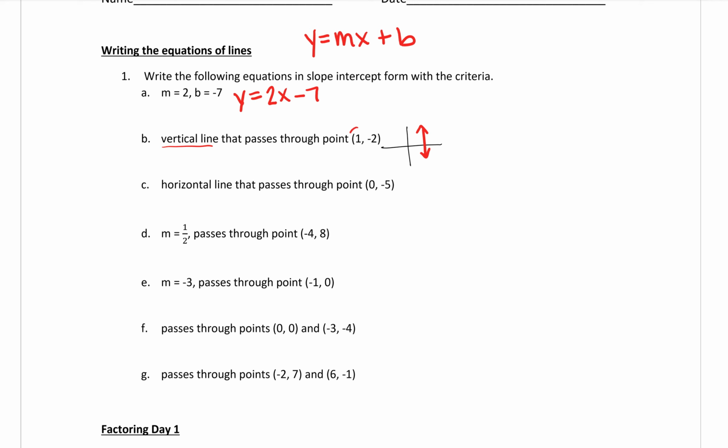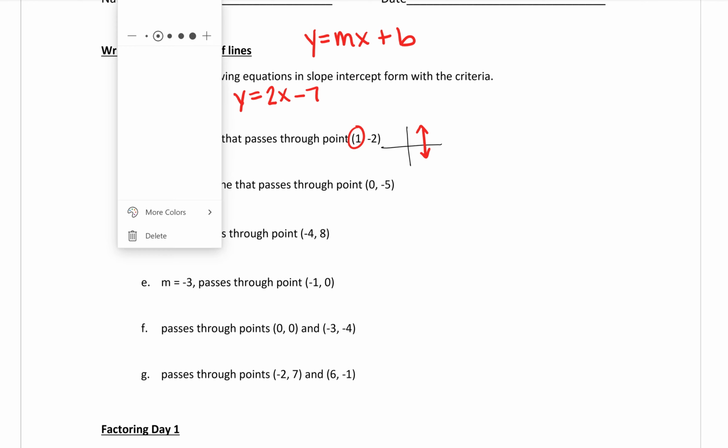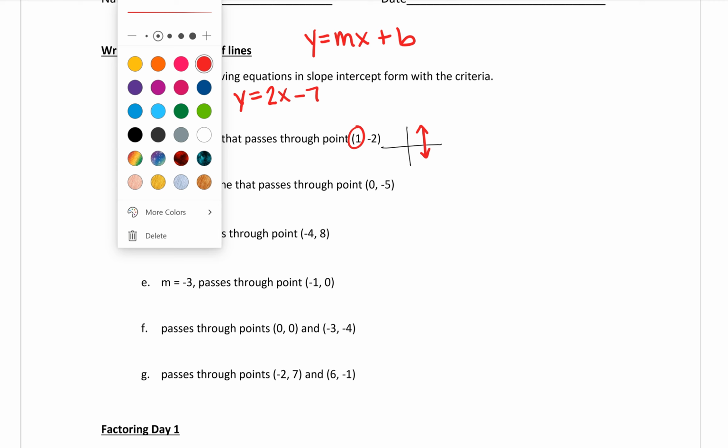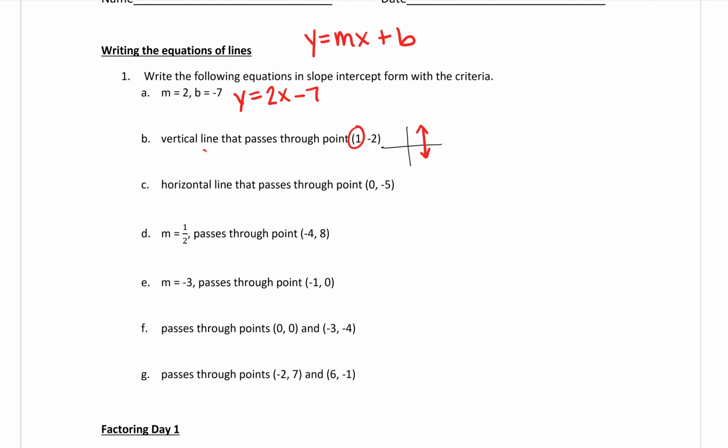So all I care about is the x value. So I know anytime I have a vertical line, I'm going to say x equals whatever that x value is, and in this case it is 1.